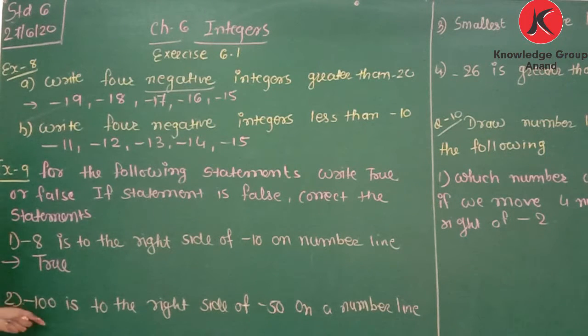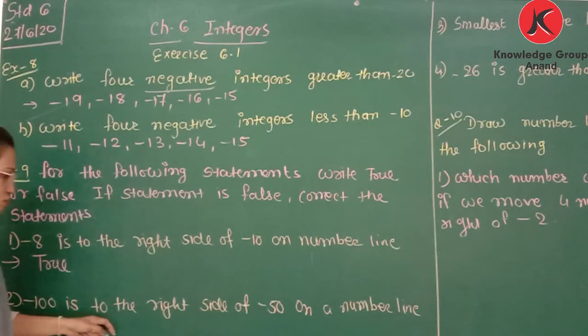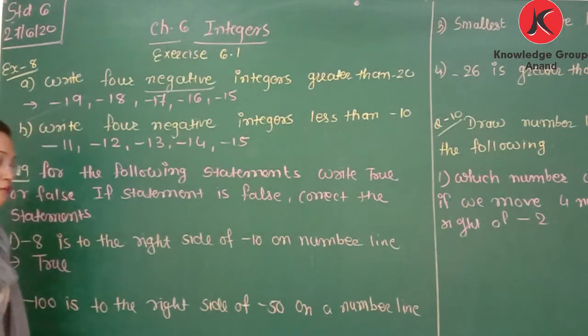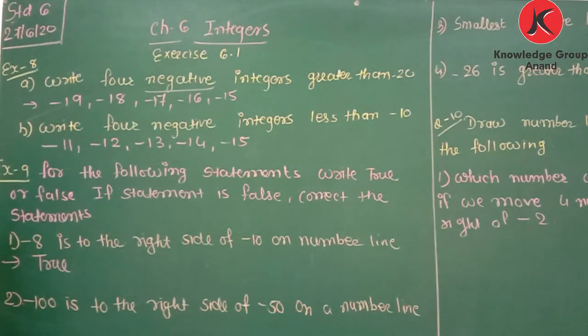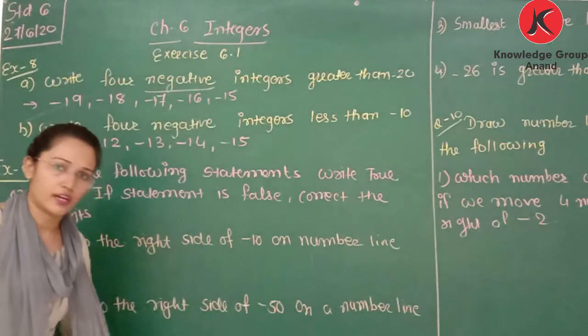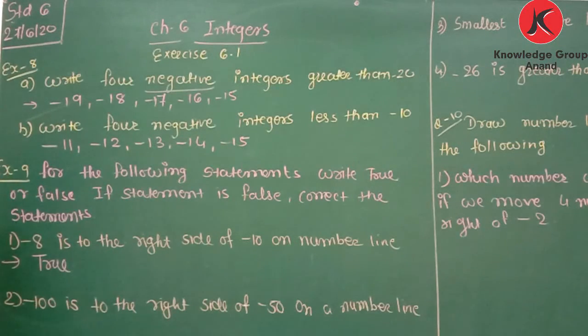Now next one, -100 is to the right side of -50 on the number line. So from these two numbers, whatever number is greater will be on the right side. So -100 and -50, which one is greater? -50 is greater, so that will be on the right side. So -100 will be on the left side.